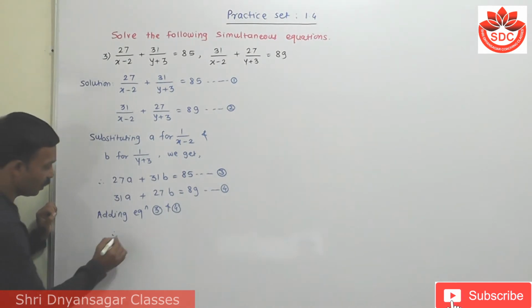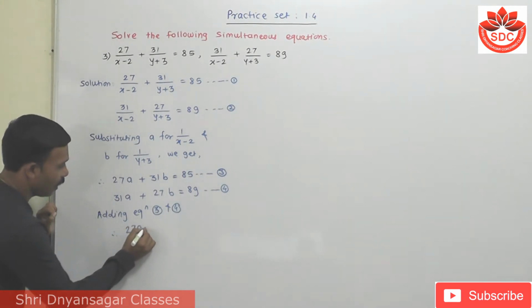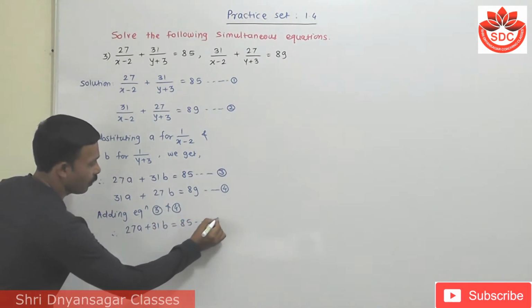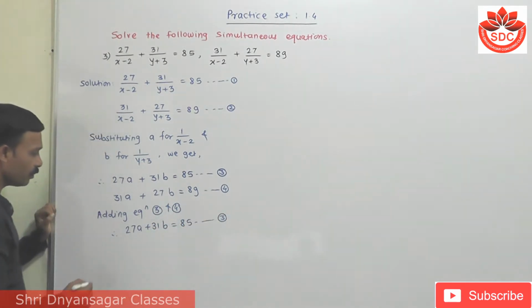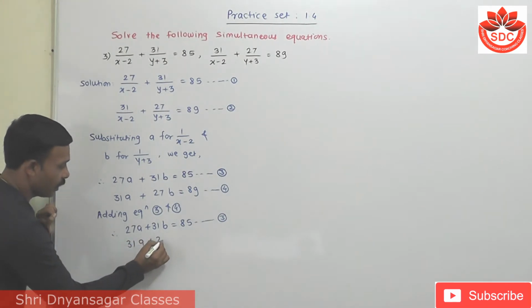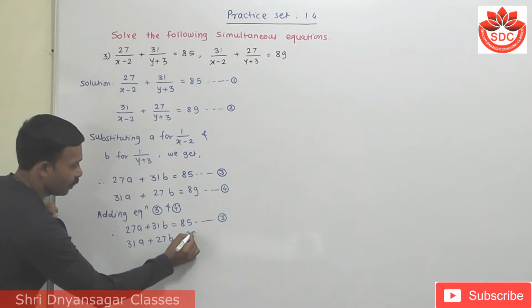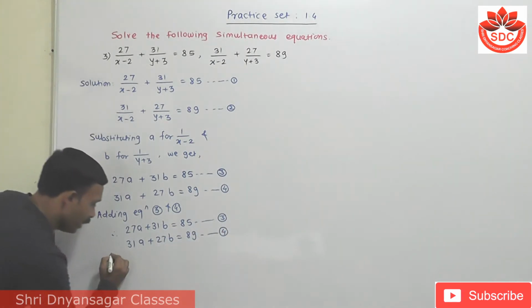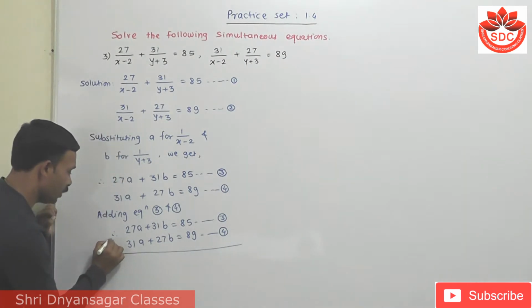Therefore equation 3 is 27a plus 31b is equal to 85. Equation 4 is 31a plus 27b is equal to 89. When we are adding, there is no change in the sign.